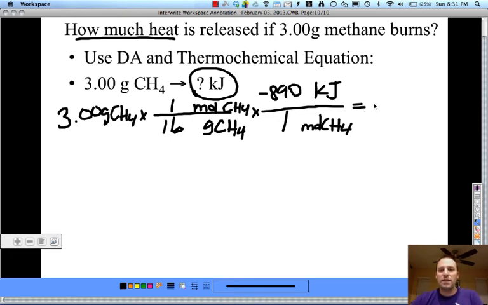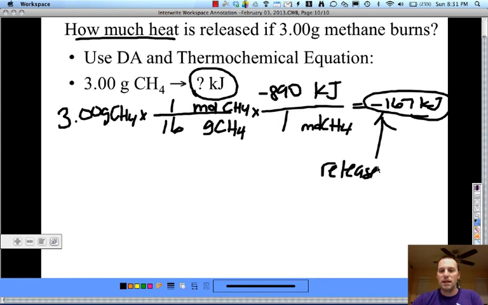So when you multiply this out, you get negative 167 kilojoules for your answer. So if 3 grams of methane burned, you'd get 167 kilojoules of energy released. How do I know it's being released? Because it's a negative number. That's how you can check to make sure. If it's released, you're going to have a negative number.